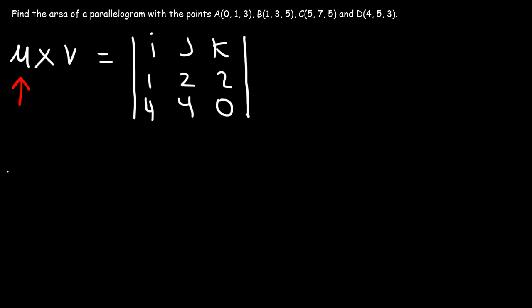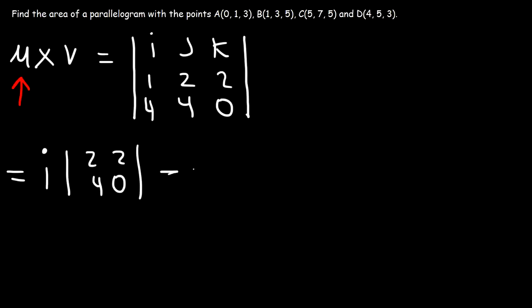So now let's calculate the cross product of those two vectors. So first we're going to have the unit vector i, and i is located in the first row, first column, and this gives us a 2 by 2 matrix with the numbers 2, 2, 4, 0. And so let's write that.